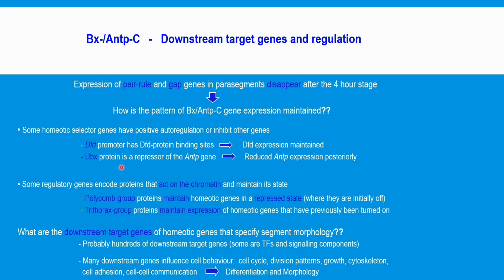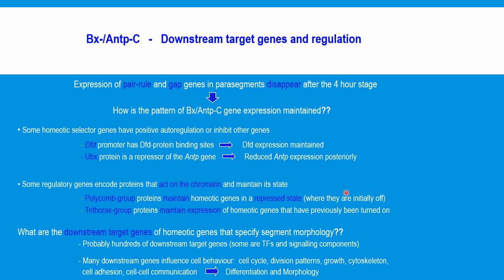But some of the targets of these homeotic genes are actually chromatin regulators. For example, the Polycomb group proteins maintain homeotic genes in a repressed state where they are initially off, and the Trithorax group proteins maintain expression of homeotic genes that have previously been turned on.